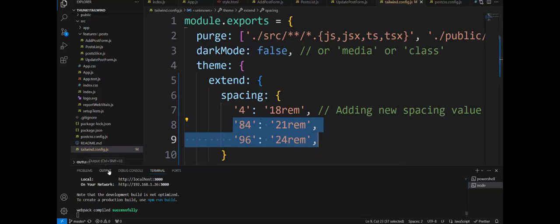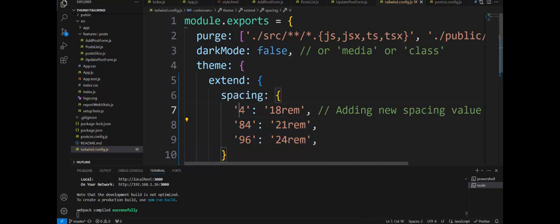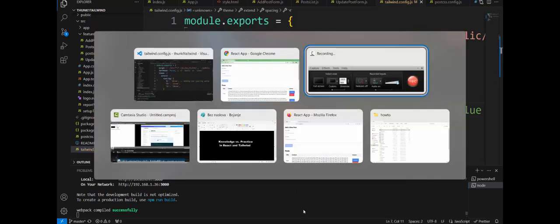Here is the Tailwind config, but I can set spacing, it is for padding and for margin, and it is originally 1 rem, now it is 4 rem.